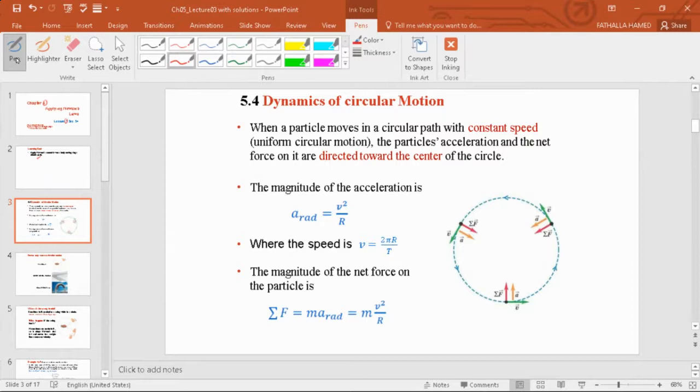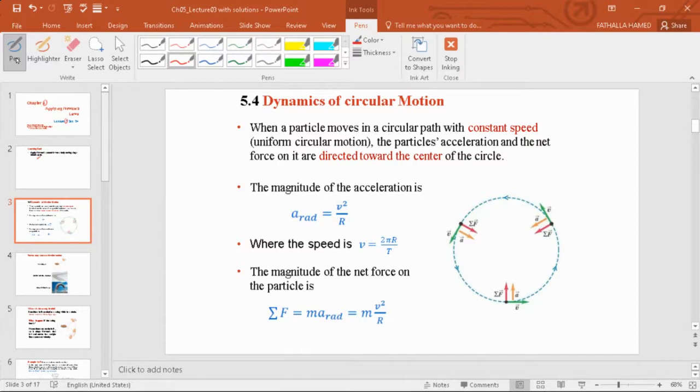So we said the right way is you say that you can go around the circle with constant speed, because you can keep the magnitude of your velocity constant, but you're going to change the direction of your velocity. And we said that this is what we call uniform circular motion.